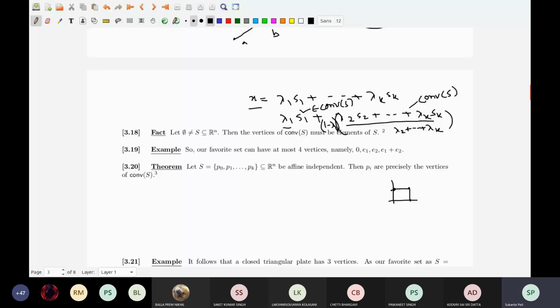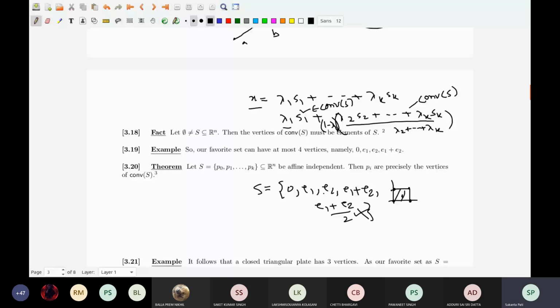But I could, for example, take S to be 0, E1, E2, E1 plus E2, and also E1 plus E2 divided by 2, which is this point also. Their convex hull will also be the same picture, but this point will not be a vertex. Only the vertices are 0, E1, E2, and E1 plus E2. So not every point of S will be a vertex, but points outside S are definitely not vertices.